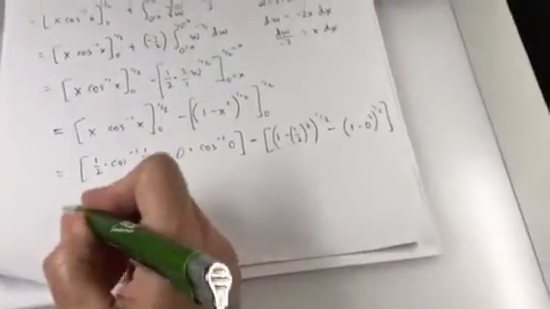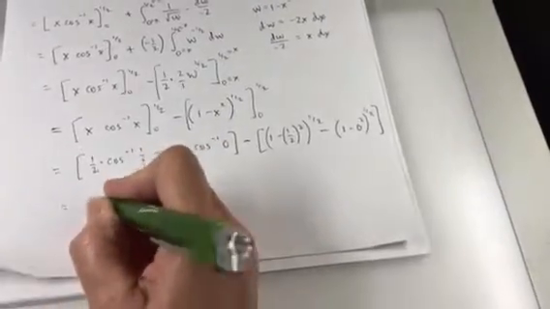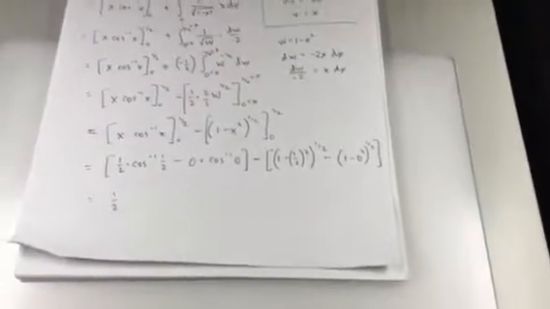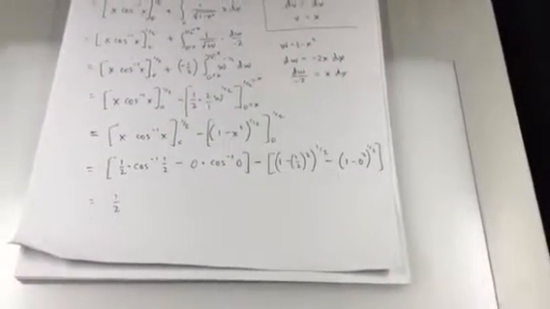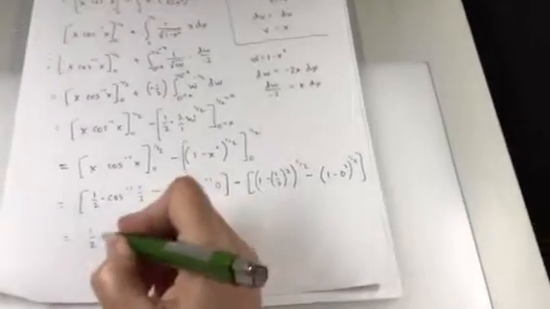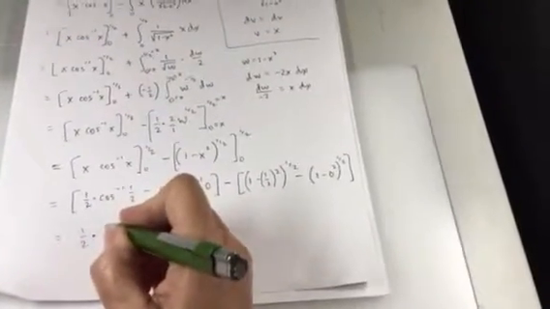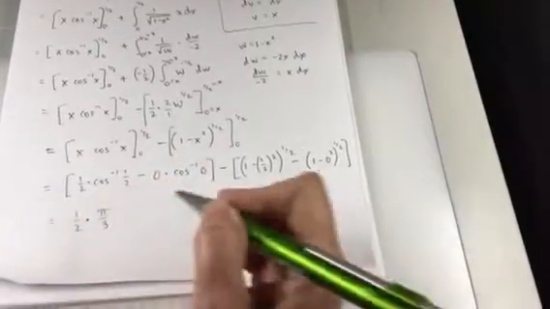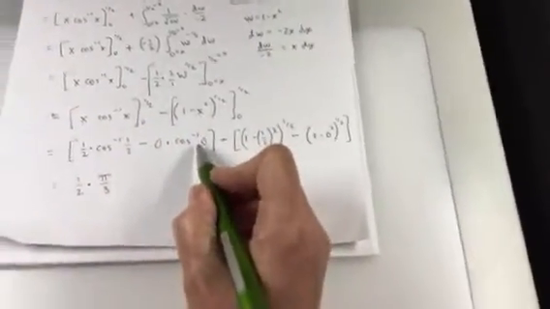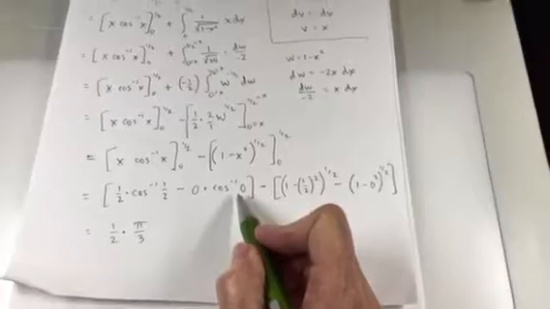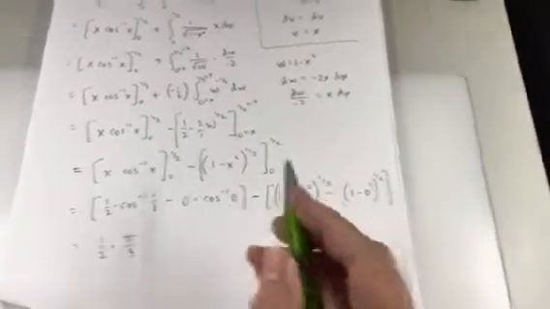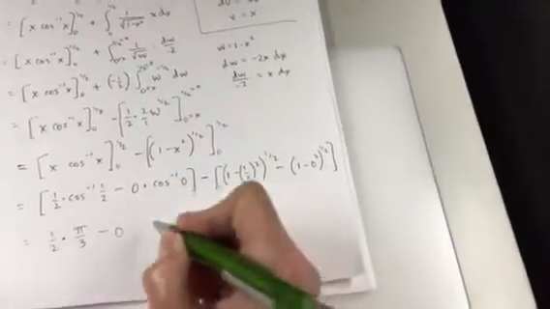All right, so let's see. 1/2. What's the inverse cosine of 1/2? Remember the unit circle? It is pi over 3. Yes, indeed. Unit circle, cosine is 1/2 at pi over 3. Now here, the inverse cosine of 0 is pi over 2, but what's 0 times that? 0 minus 0.